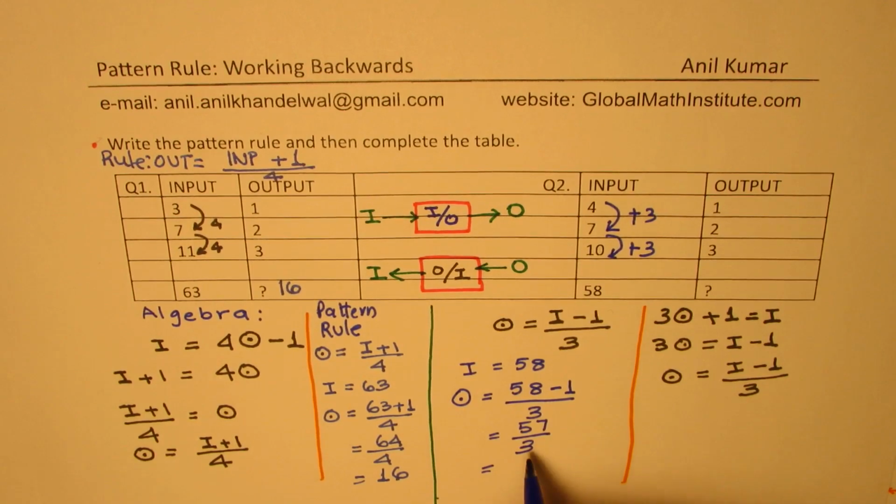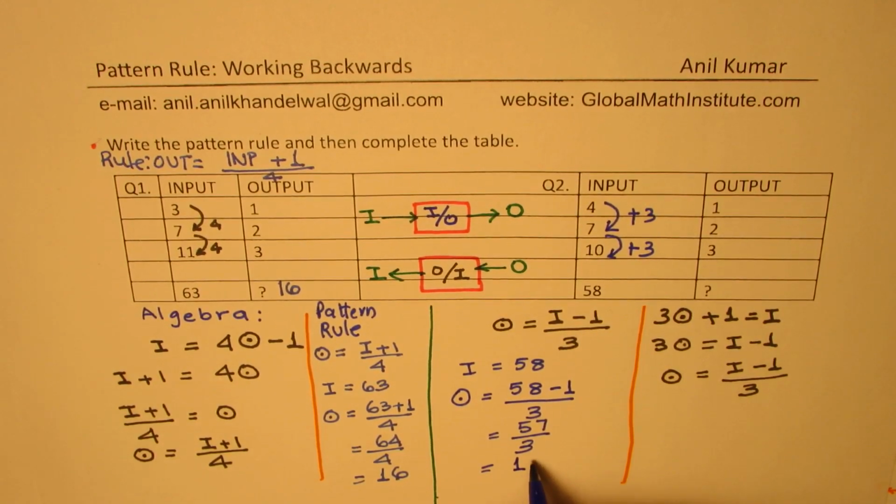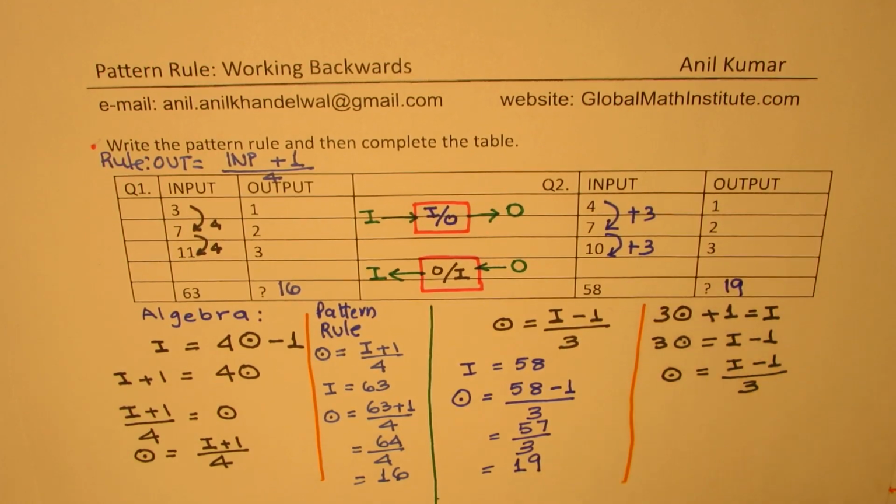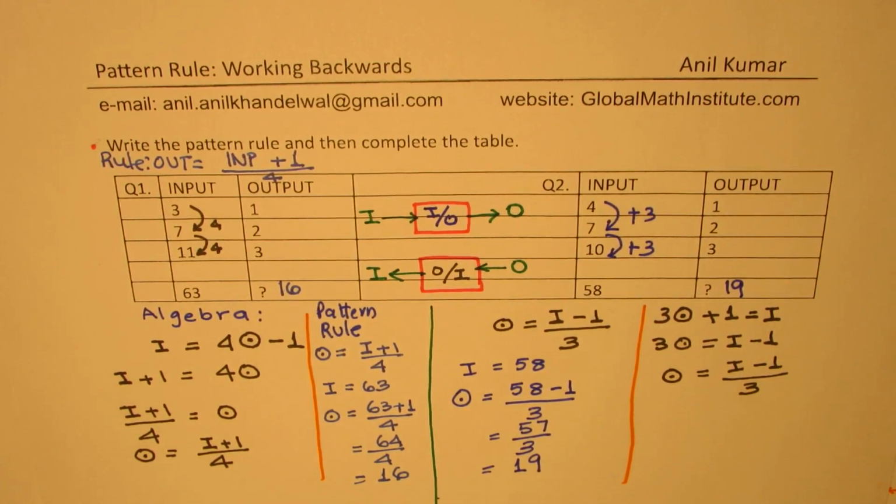And that is 3 goes 1 times and 3 times 9 is 27. So this number should be 19. Does that make sense to you? So that is how we can find our rule. Correct? So that is another way of working for input-output pattern rules. I hope it makes sense.